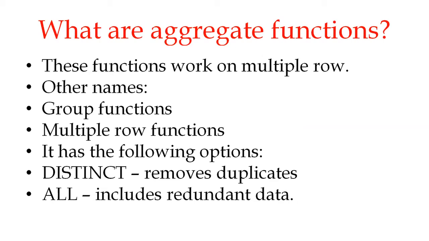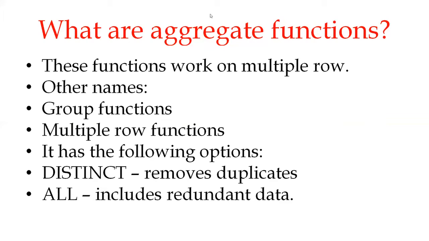It has the following options, namely distinct and all. Distinct removes the duplicate values present in a particular column, whereas all includes all the redundant, that is repetitive, data, if present, and it is displayed.